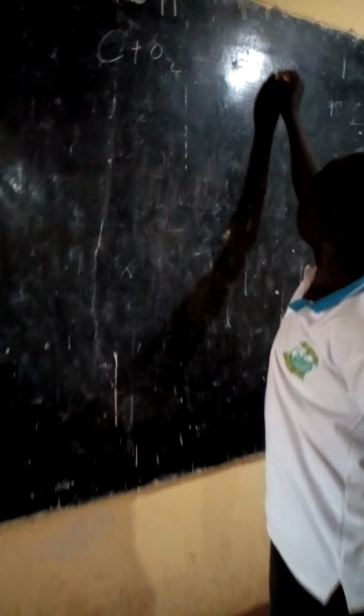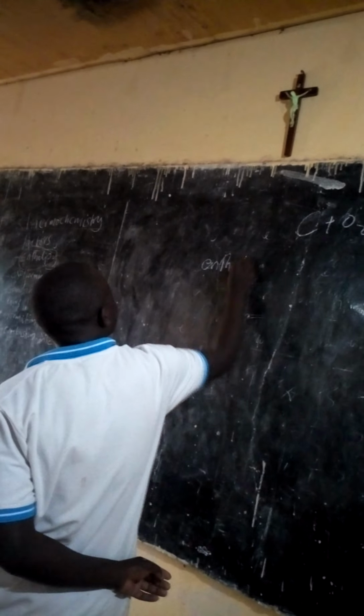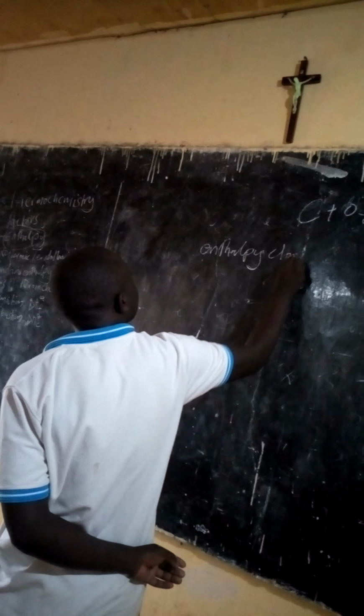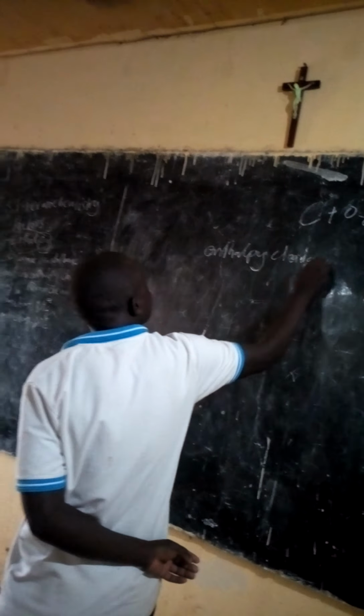This enthalpy will take us to what we call enthalpy change. Another person can call it heat change, just because we have said enthalpy is heat. So we said that enthalpy change is given as the difference of enthalpies of products and reactants.